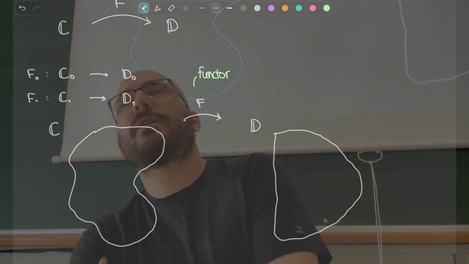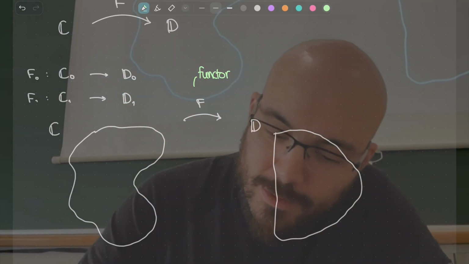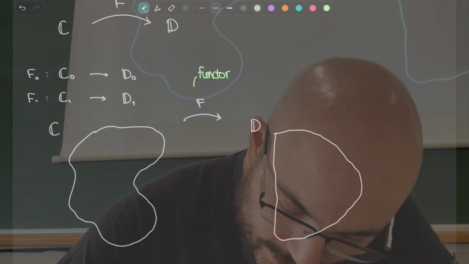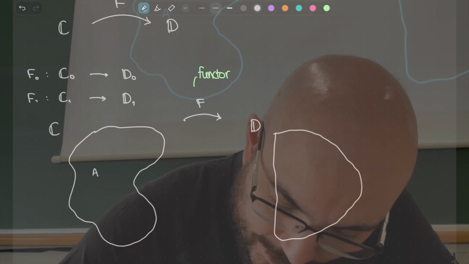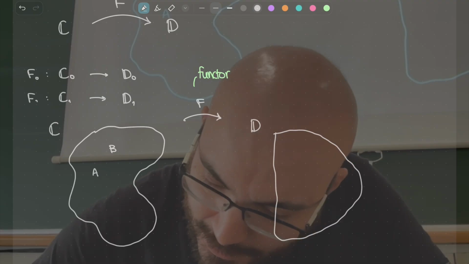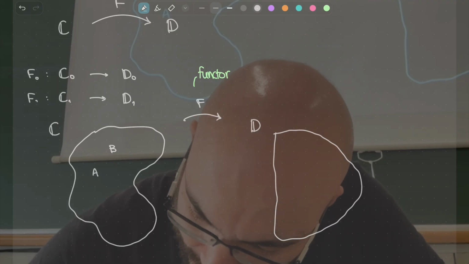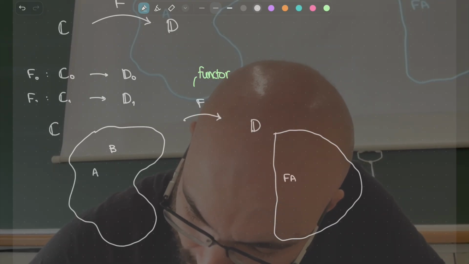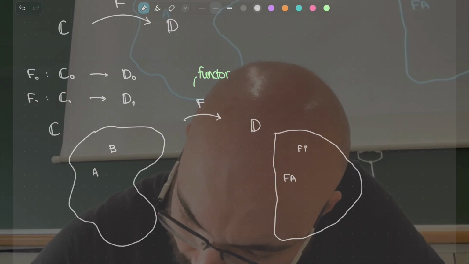We are trying to understand what the definition should be. If I have here an object A and an object B, I should have an object FA here and an object FB here.